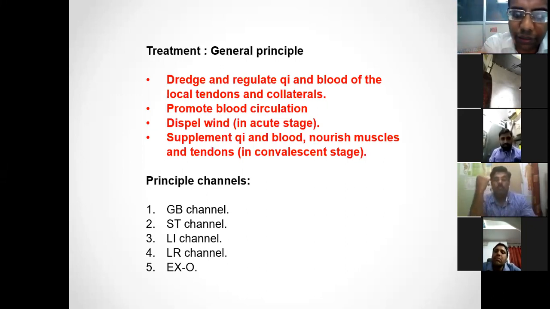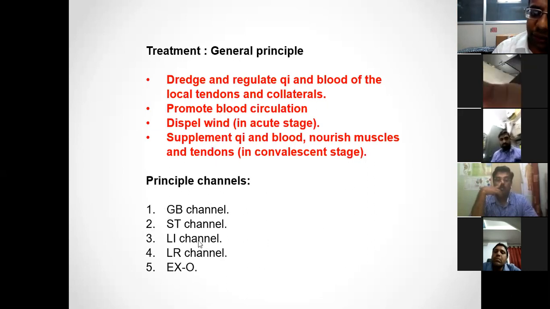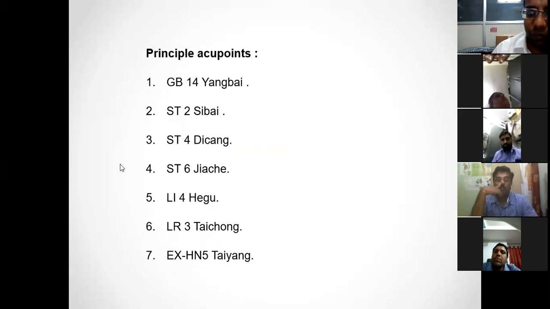The principal channels involved are gallbladder, stomach, large intestine, liver, and extra points. So what are the channels involved? GB channel, stomach channel, LI channel, liver channel, and extra points. The principal points are GB14, ST2, ST4, ST6, LI4, LR3, and Extraordinary point 5, HN5. So what are the points involved?